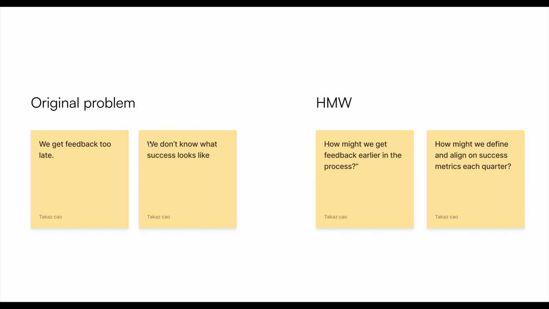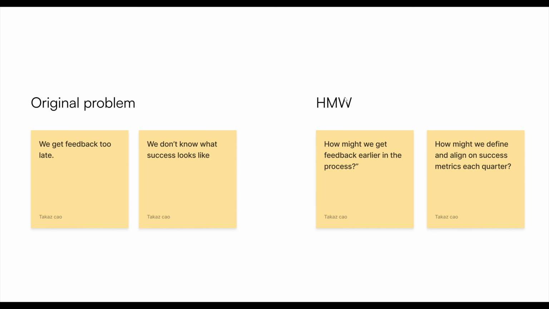Or the problem, we don't know what success looks like, becomes: how might we define and align on success metrics earlier? This helps us focus on solving a challenge instead of complaining.